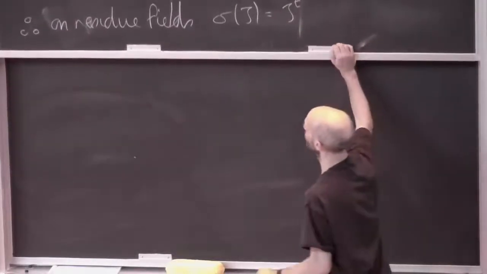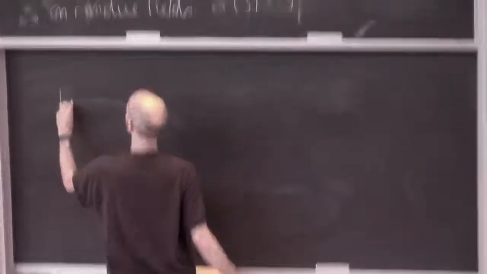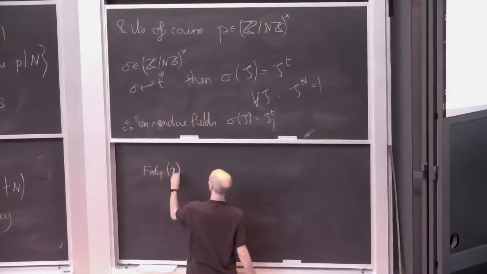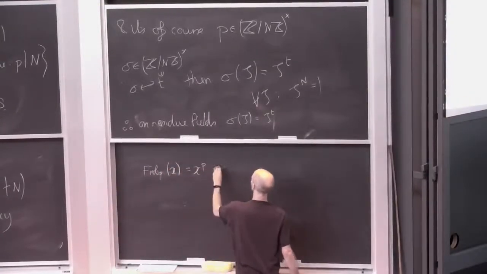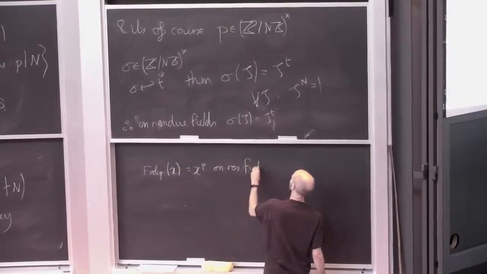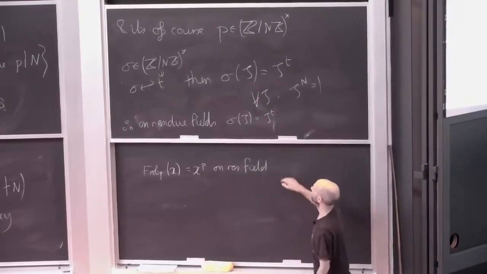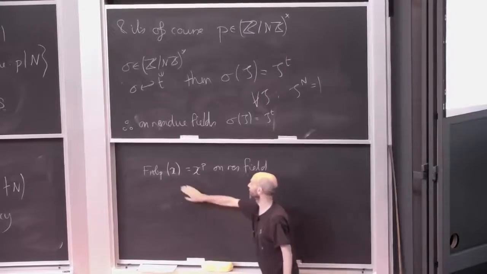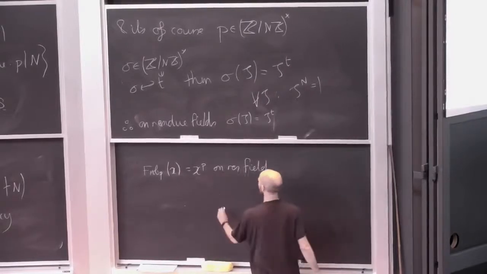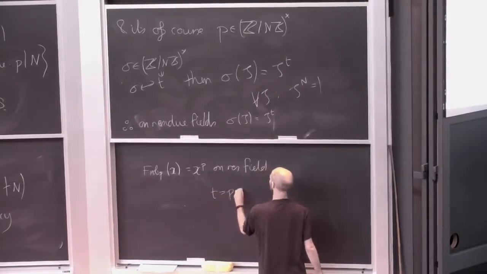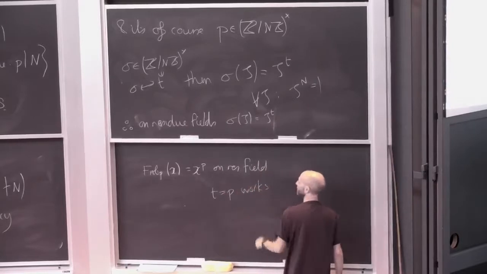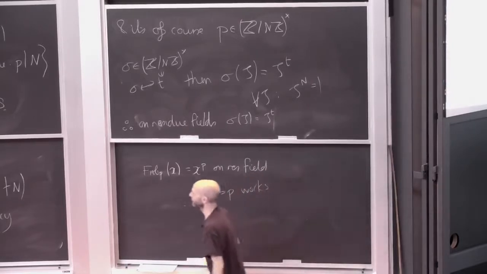But Frob_p of x is, of course, just x to the p on the residue field. So we have to think of some t such that when you reduce everything mod p, the map zeta goes to zeta to the t becomes x goes to x to the p. So therefore t equals p works. So there's a very brief sketch as to why that's the case.